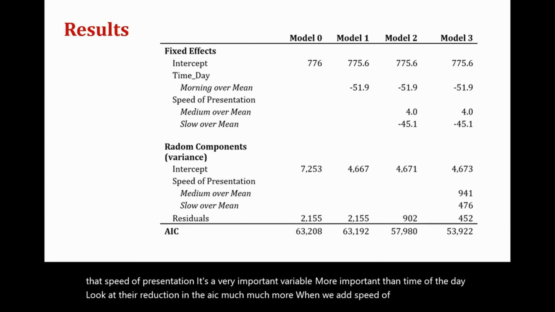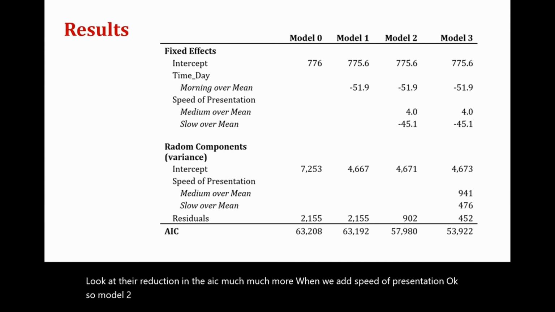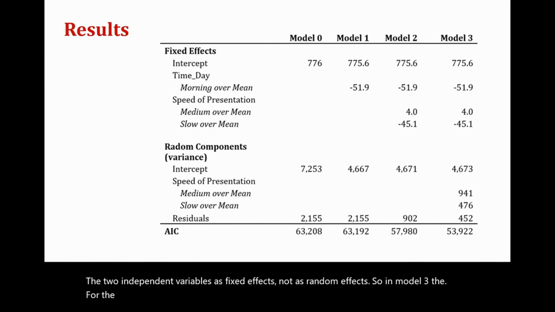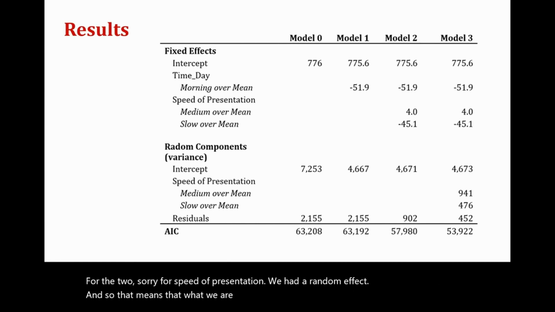Okay, so model 2 has the two independent variables as fixed effects, not as random effects. So in model 3, for speed of presentation, we add a random effect, and so what we are saying is that for all the participants, we should expect a different slope of speed of presentation.